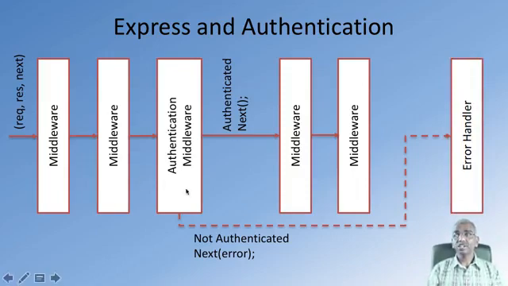This redirection to the error handler will be done by calling next with the error as the parameter. So that next is exactly this next that we see in the request, response, next here. And so that will take you all the way down to the error handler, which will handle the error and then send back the error message to the client side, indicating the failure of the authentication.